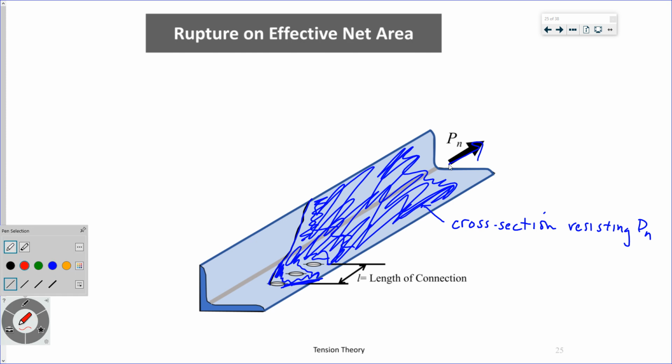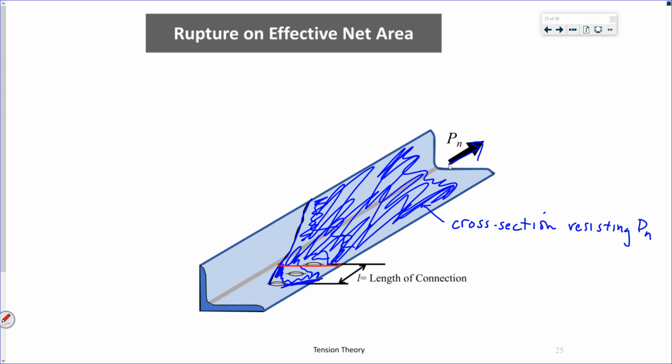So then if I look at that lead bolt line, right, it's only one bolt. And I draw it up here. This is my rupture plane. Right, not the entire cross section.